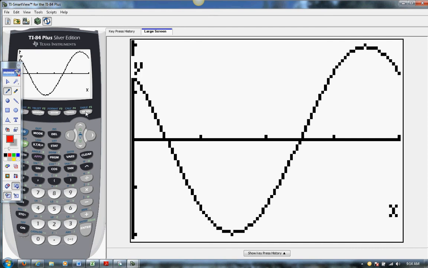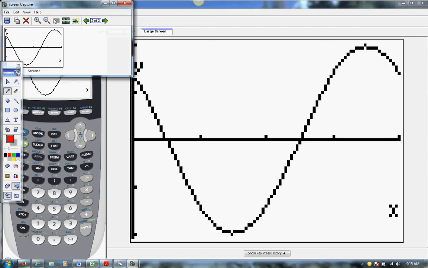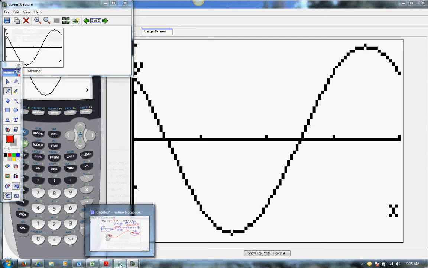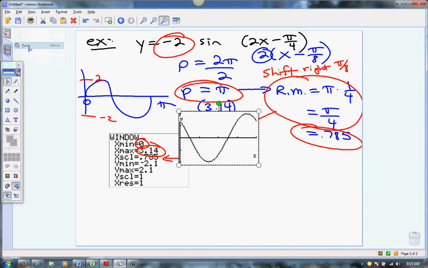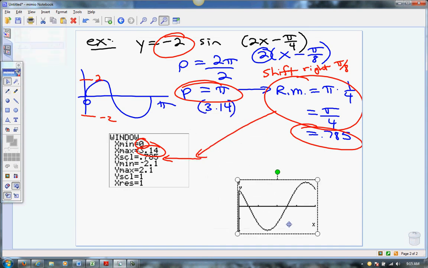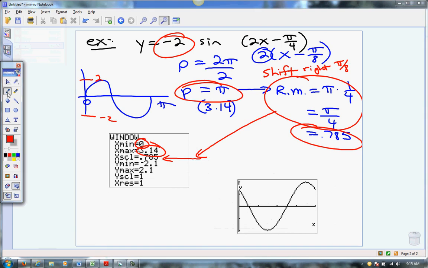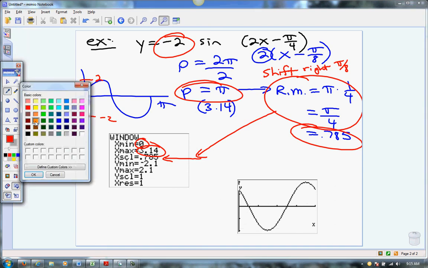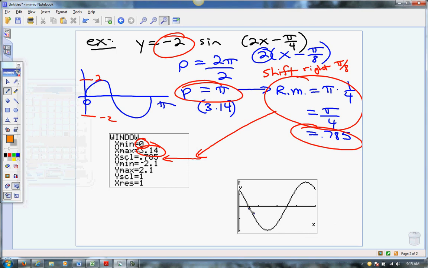Now notice something. First off, the sine graph, didn't it have a negative amplitude? Let me get this someplace where I can write on it. We had a negative amplitude, which is why the graph is going down. And notice, didn't we have a shift right pi/8? See that?